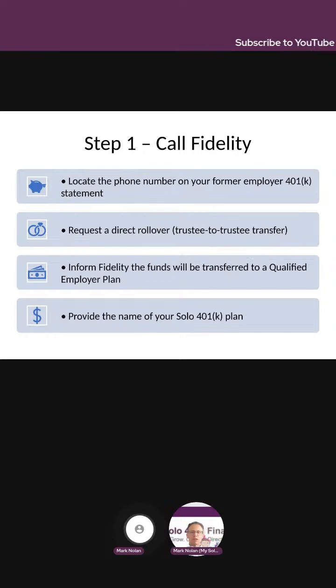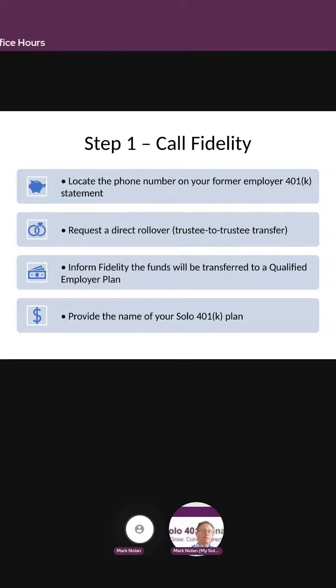We're not going to get into those loan offset rules right now, but in a nutshell, even though Fidelity would treat that as a taxable distribution, you're going to have until October 15 of the following year to come up with those funds and deposit those funds to an IRA or to a solo 401k. That is the funds to cover that loan distribution amount. That's typically what's called a loan offset. But we've done webinars on that topic in the past, and maybe we'll do another one here in the future regarding those loan offset regulations.